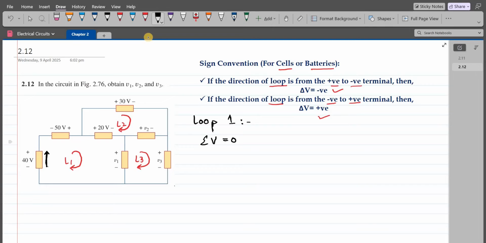So according to the sign convention, the potential difference will be taken as positive. So this is positive 40. The direction of the loop is from the negative to the positive terminal across this 50 volts. So this 50 volts will be taken as positive as well because of the sign convention.